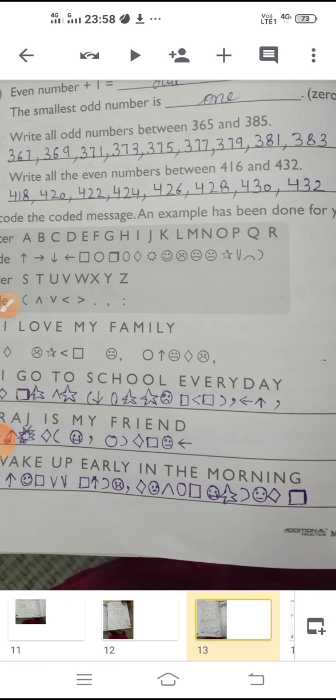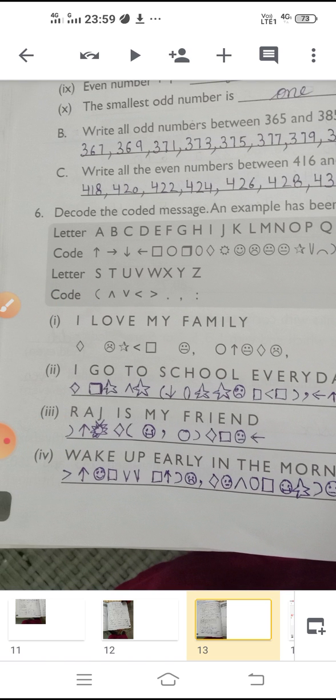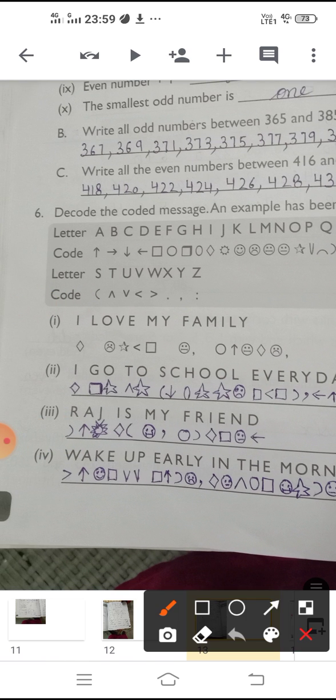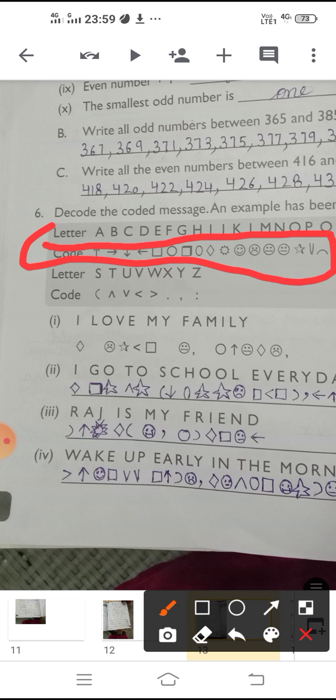Now decode the coded message. An example has been done for you. Children, what are the codes? For example, for A up to Q they are using these codes, and from S to Z they are using these codes. For example, if any sentence is there like I love my family, for I they are using this star. So children, we have to decode the message.